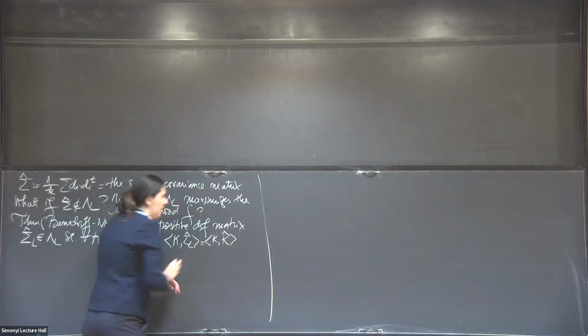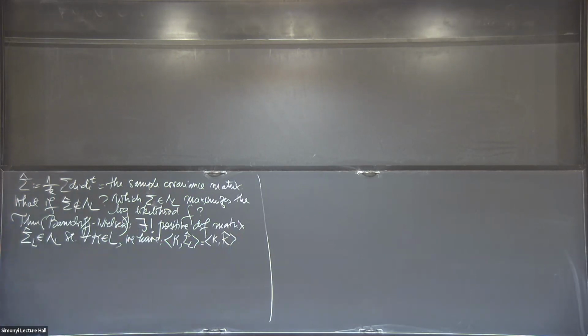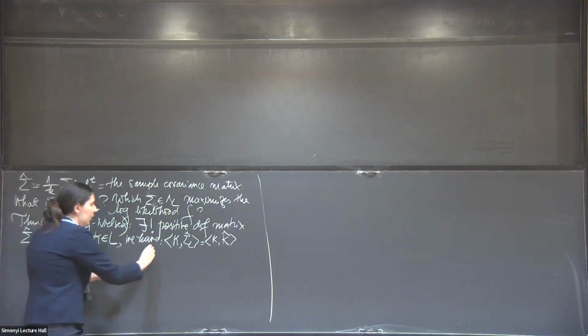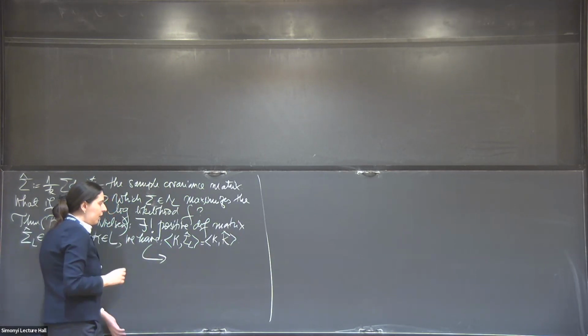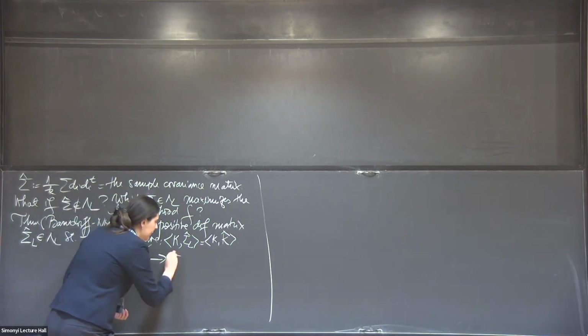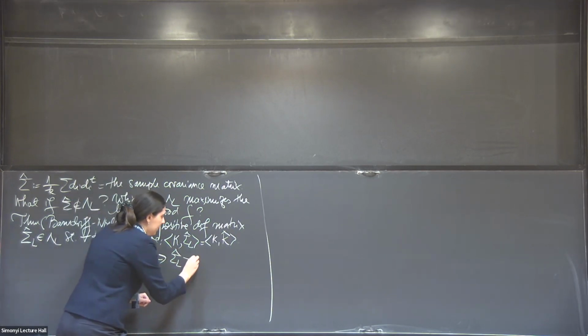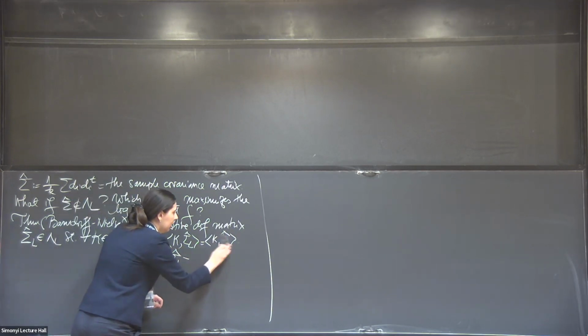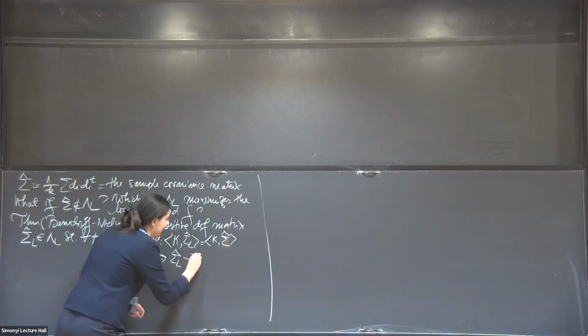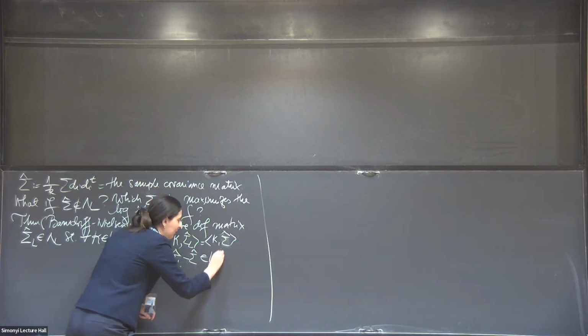And this pairing means taking the trace of the product of matrices. So in other words, this says that sigma L hat minus sigma hat belongs to L perp.